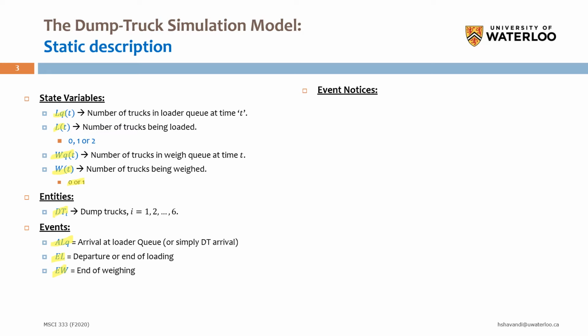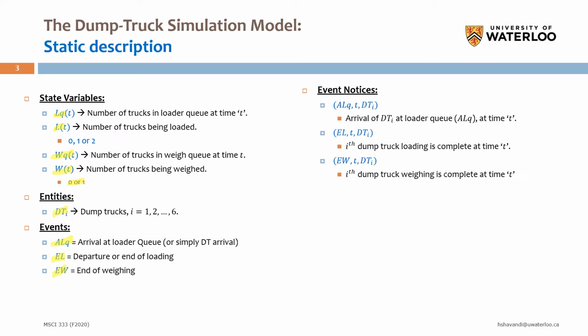For the event notices, we have the arrival at loader station ALQ at time T for dump truck DTi, and the same for end of loading and end of weighing.